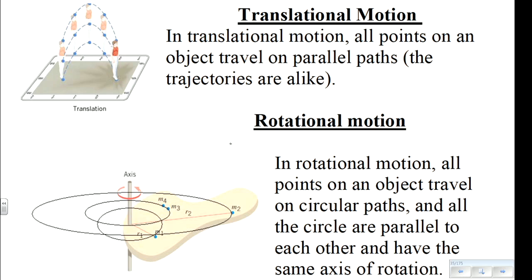So we've learned everything about translational motion. For translational motion, we just need to look at one point, center of mass, and all other points move exactly the same way. For rotational motion, we need to look at any point, usually at the rim, how it moves about the center. And when we learn everything about rotational motion, we will be able to combine and talk about rolling.